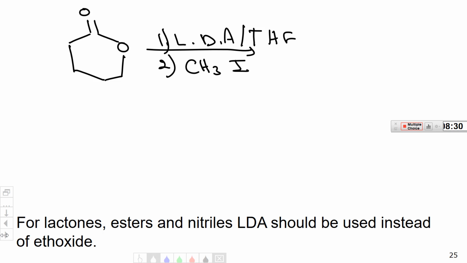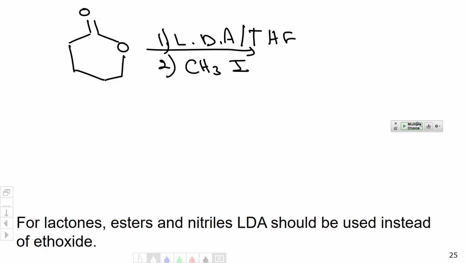Okay, so now we're done with these dicarbonyl, malonic ester, acetoacetic ester. The one thing that we didn't discuss yet is what if I have an ester or a nitrile and I add LDA, THF? Do these have an alpha hydrogen that can be deprotonated? And the answer is yes.